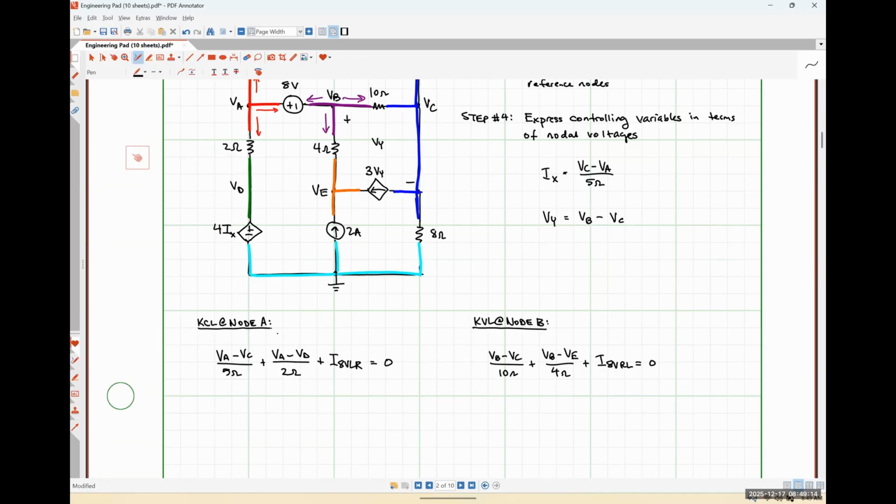So by adding these two equations together, those two currents that are equal but flowing in opposite directions will wind up canceling each other out, which means I don't have to write an extra equation because I got rid of those variables. Okay.